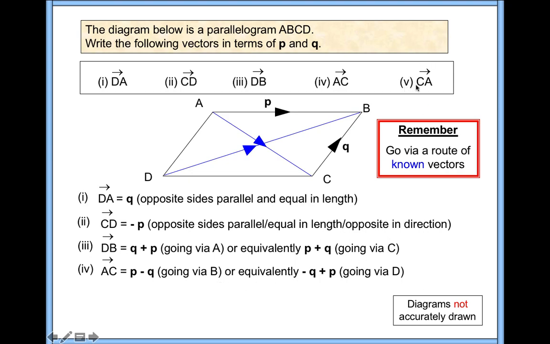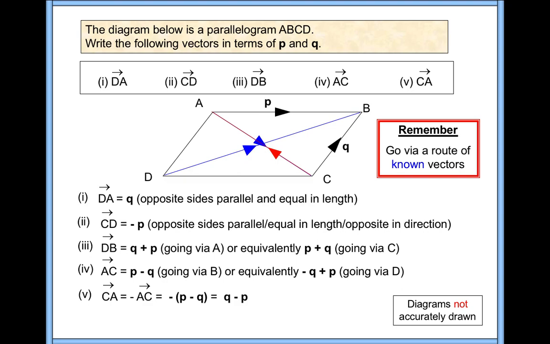Now we will speak about vector CA. That is the fifth part of the question. Now vector CA. Vector CA is what? Opposite of vector AC, right? Because you know vector AC already. So vector CA is in the opposite direction to vector AC. So now it will be negative of AC.